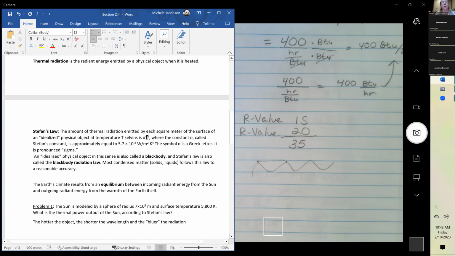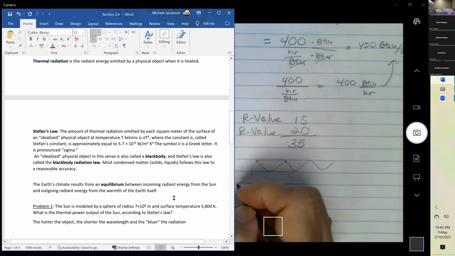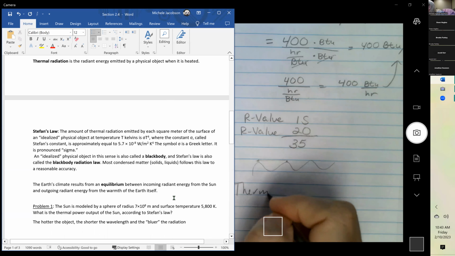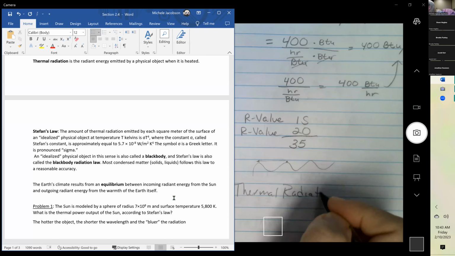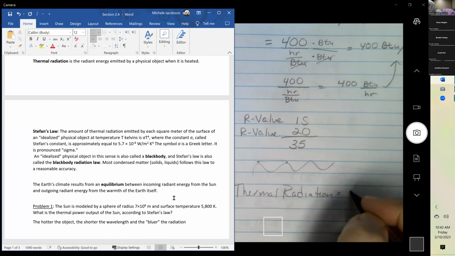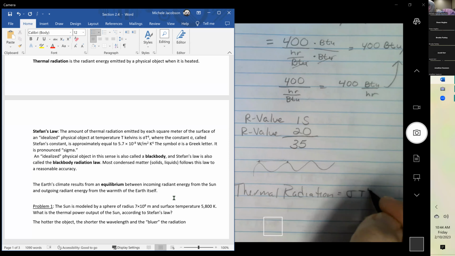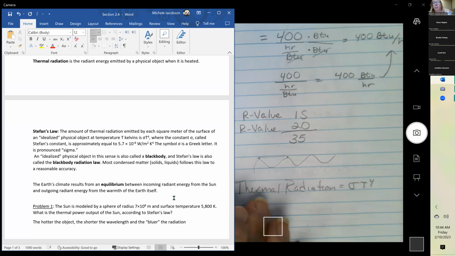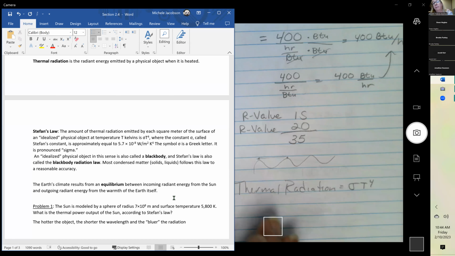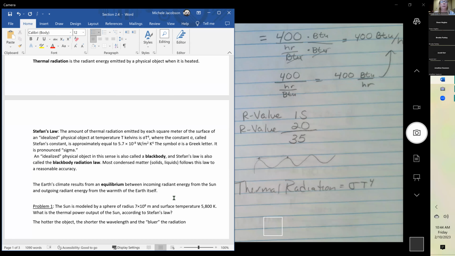This is the formula for heat, for thermal radiation. So that's a formula we'll use when we want to find the thermal radiation, or if we're given that, we can find the temperature.